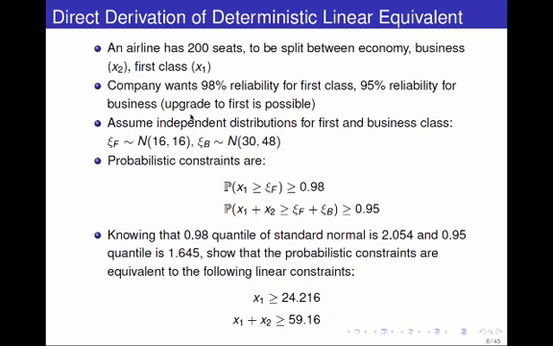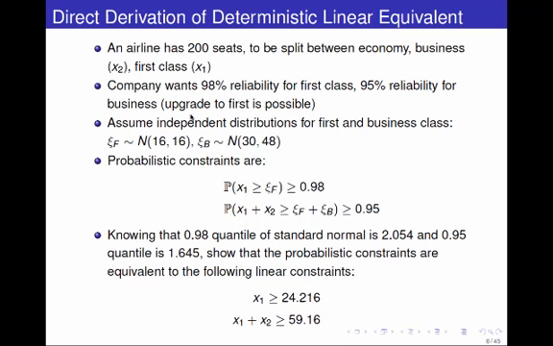So if you know the 98% quantile of the Gaussian random variable, you just want to make sure that Xi_f minus 16 over 4 is less than or equal to that quantile.